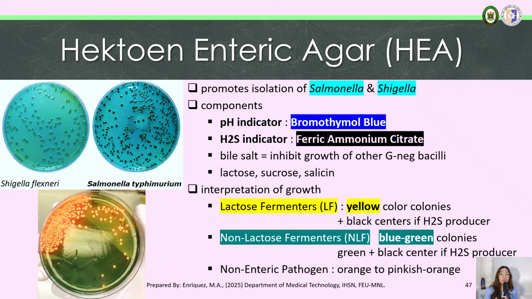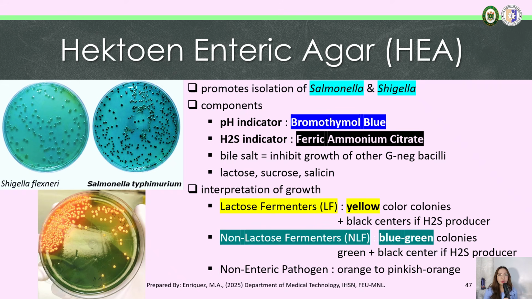But at the same time, bromothymol blue is also its pH indicator. It also has H2S indicators capable of showing us hydrogen sulfide production. And its H2S indicator is ferric ammonium citrate.